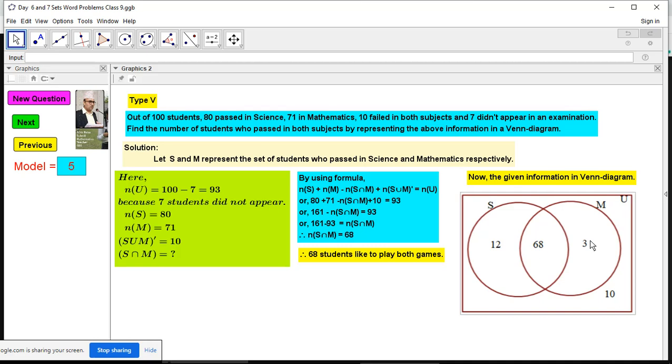The complement is 10, but 7 did not appear in the examination, so that is the U complement, outside this rectangular space, so it can't be included. Now 2 minutes for my students, please copy this. From 12:11 up to 12:13 you have to complete.